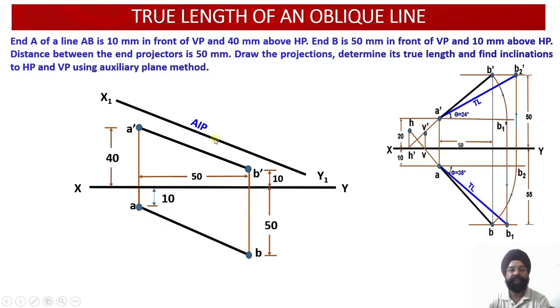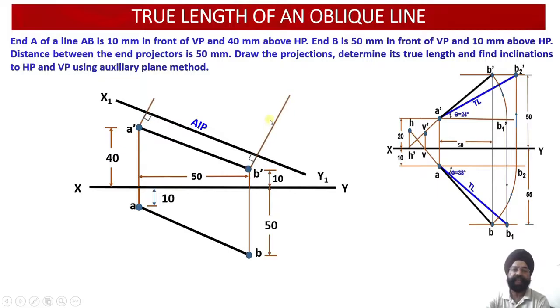So the plane we have drawn, AIP, is parallel to the elevation projection line A dash B dash. Whatever projections we obtain on this AIP will provide us the true length of the line in plan.